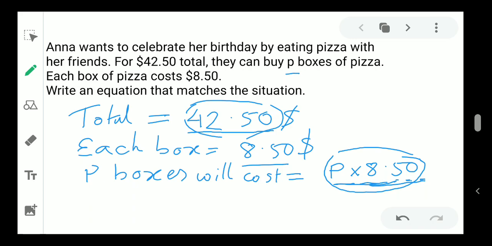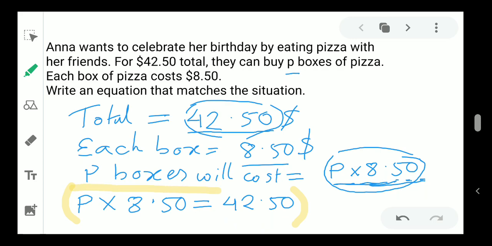So the equation will be p into 8.50 is equal to 42.50.